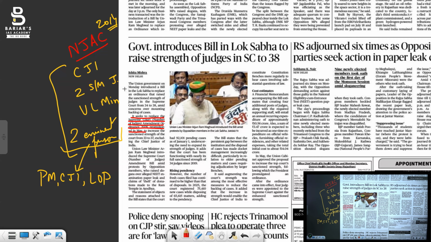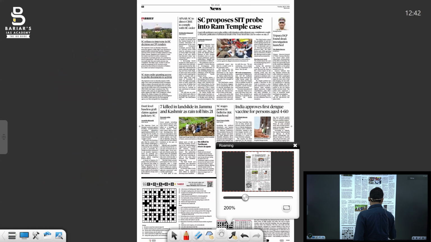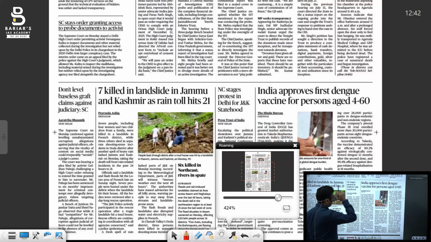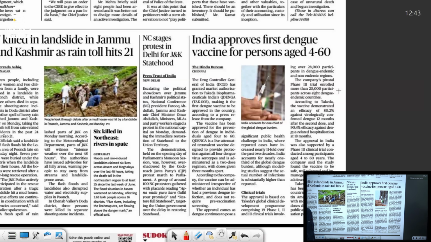So after this news, we move on to the next news. Again, just note down a few facts which are there on page number 12, the next page itself. India approves first dengue vaccine for persons aged 4 to 60.